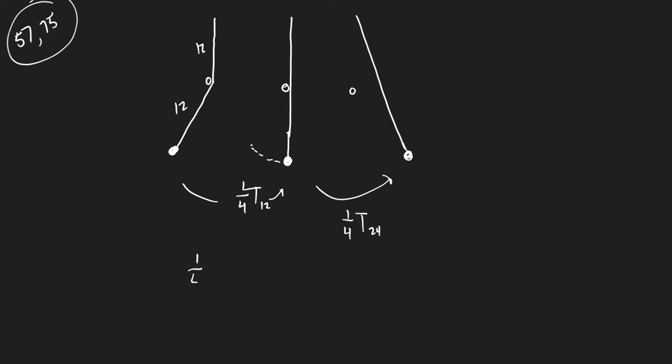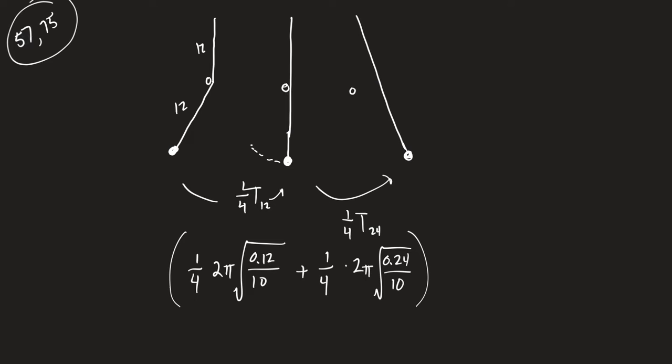So 1/4 of 2 pi times the square root of L over G, using 12 centimeters for L, plus 1/4 times 2 pi times the square root of L over G, using 24 centimeters for the length, and two of them.